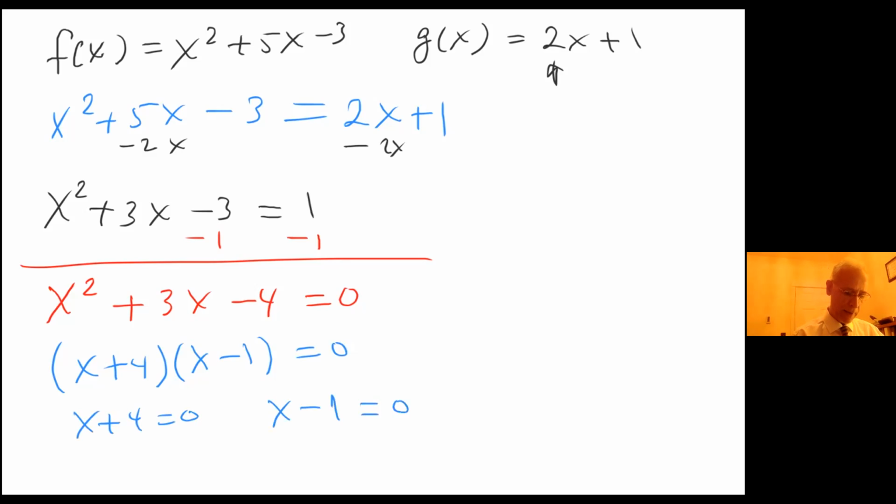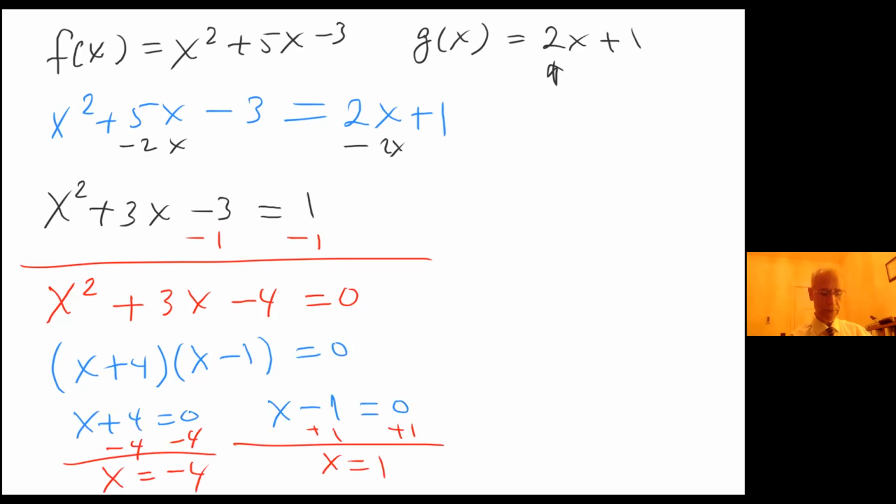Subtracting 4 from both sides, I get x equals negative 4. Here, plus 1 on both sides, x equals positive 1. So the 2 points of intersection are negative 4, something that I'm going to find out, and 1, comma something.